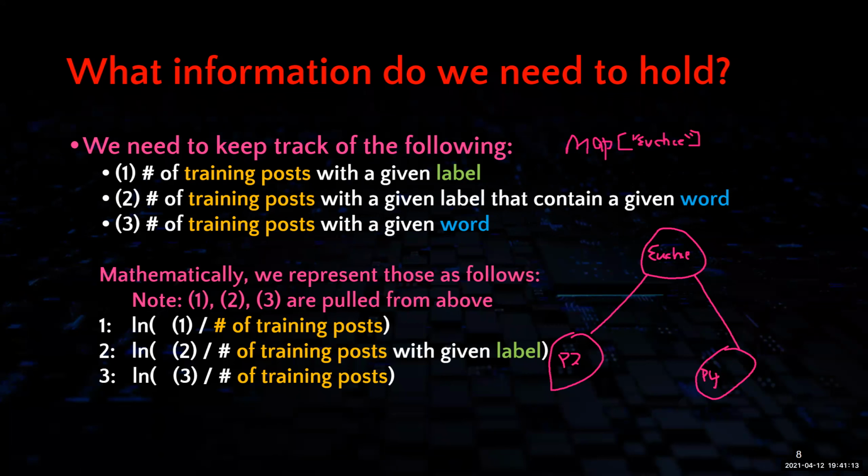When I do that, I'm going into my binary search tree and finding the value associated with it. The value isn't going to be an integer, it's going to be a map. So if I'm saying I want to find the map of euchre, it's going to return to me a map.